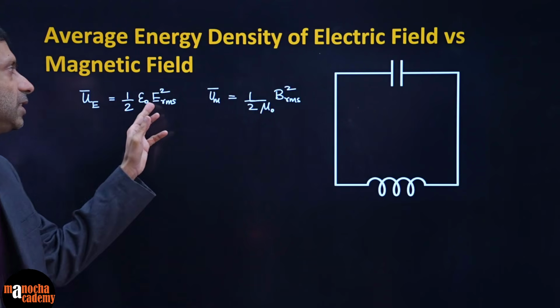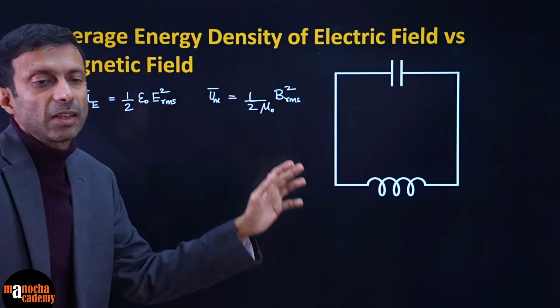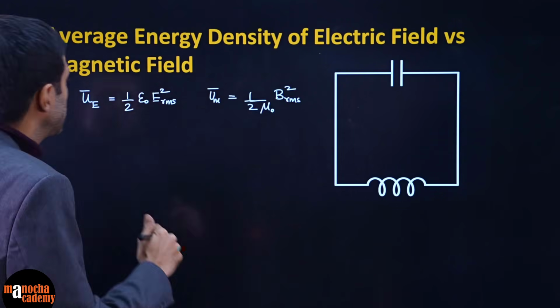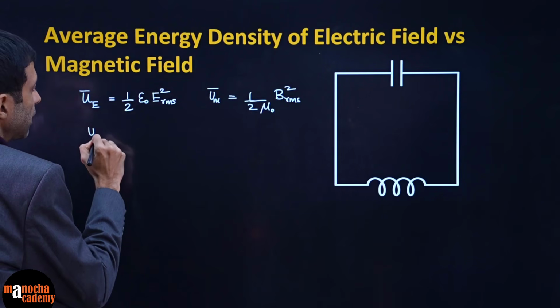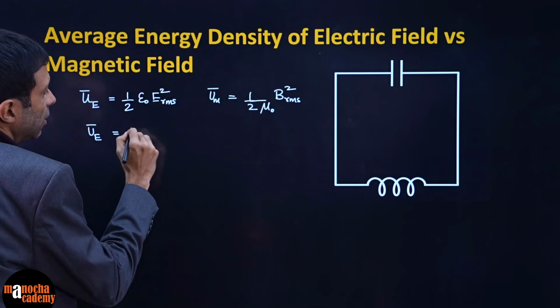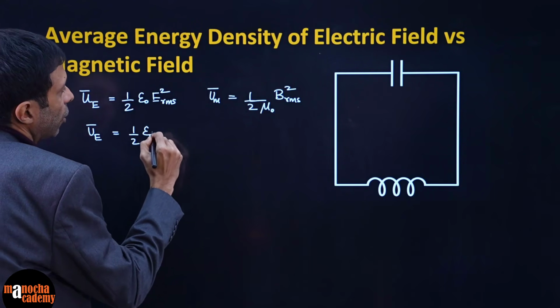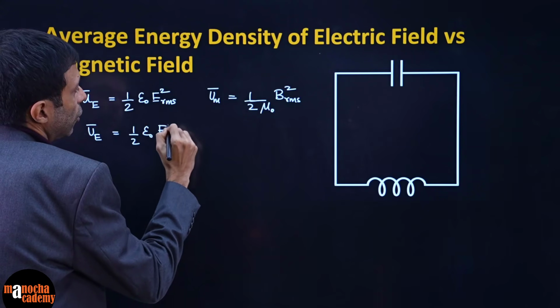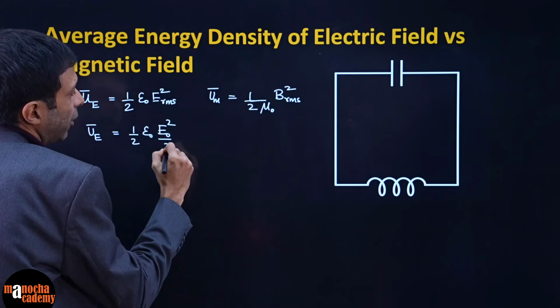To make the relation easy, rather than E RMS and B RMS, remember RMS is E naught by root 2, so let's replace it like that. We can say UE, the average here, is half epsilon naught, E naught square, and this will become by 2.